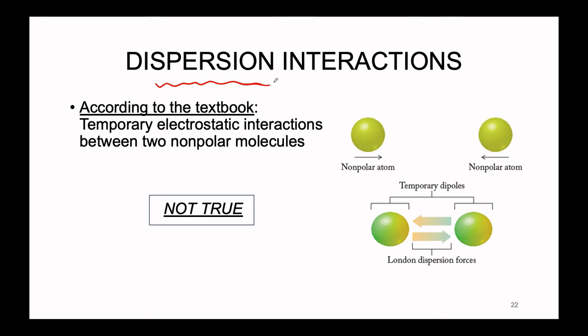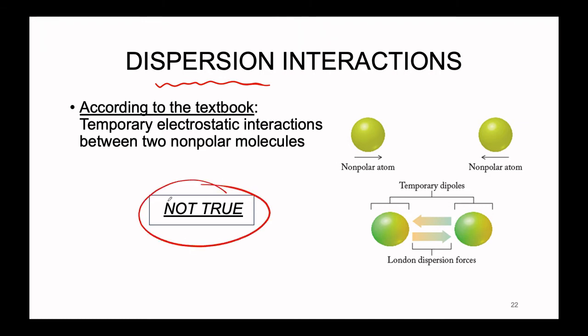So here's my disclaimer. According to the textbook, and this is going to be true, like 99% guaranteed for whatever Gen Chem textbook you look at, dispersion is described as a temporary electrostatic interaction between two nonpolar molecules. This is not true.